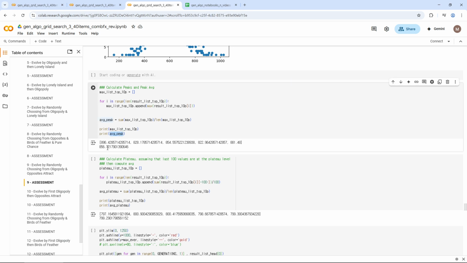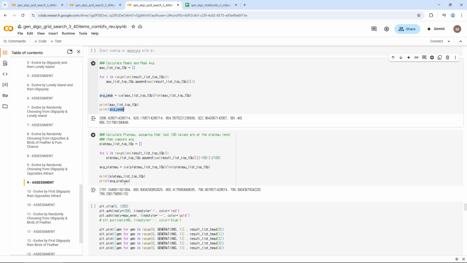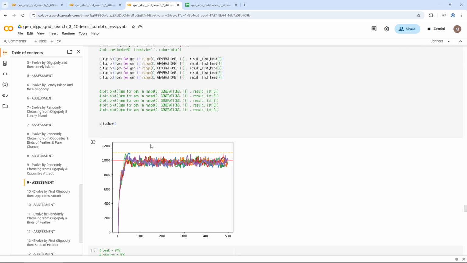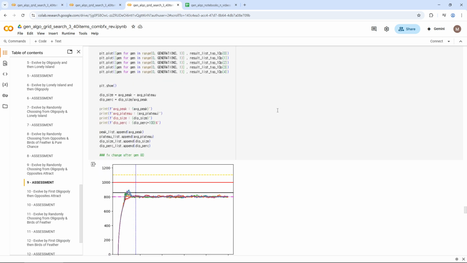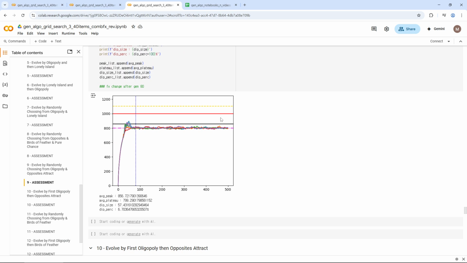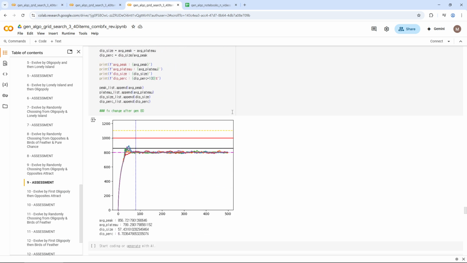So the average peak was 856. The average plateau was 799, so just 800. Here are the heads. A lot of oscillation, and they're not really reaching the top. And here are the plots for the top 10%.